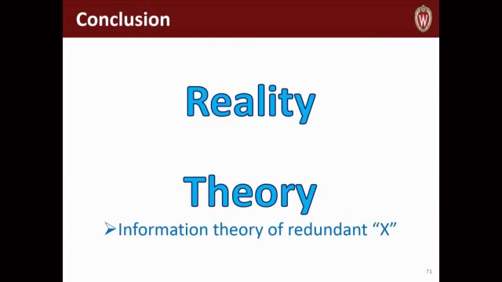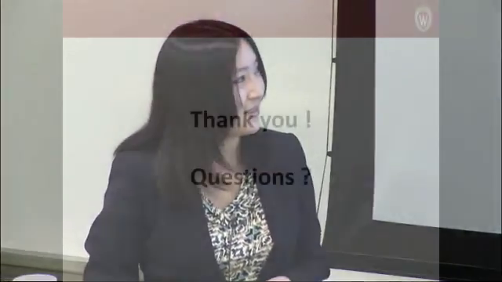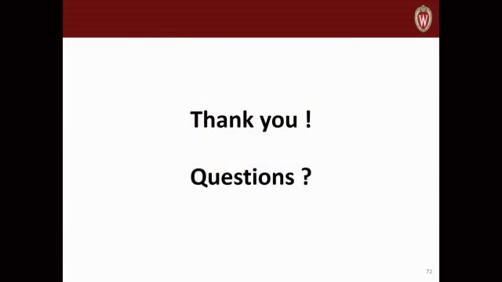Even if you don't want to actually build the real thing, it's always good to know the reality so that you can maybe say to others how you may want to build this. Another aspect is theory, which is what I've been thinking about more recently. Is there any information theory behind this redundancy of X? X can be anything. I welcome more discussion along this line. Thank you. Questions?